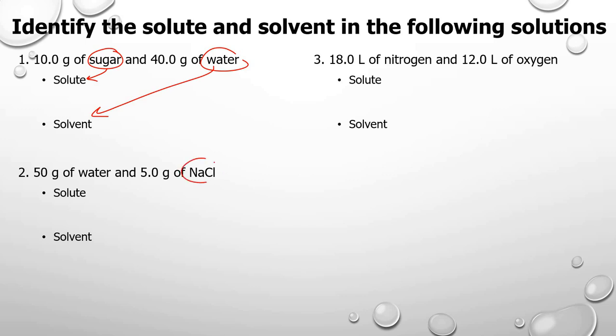Our solid is NaCl. Our water is our solvent. But if you get to the next one, it says I've got 18 liters of nitrogen and 12 liters of oxygen. The solvent is always going to be your bigger thing. So here, my solvent is the nitrogen, and my solute is the oxygen.